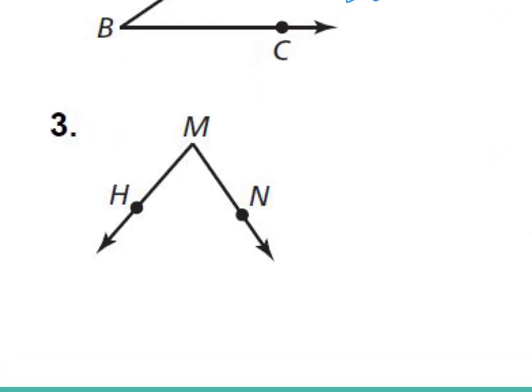All right, number 3. Who could give me the names? Anybody else? Name the angle. How do I name this angle? Nobody knows how to name the angle? Angle HMN. What's another one?